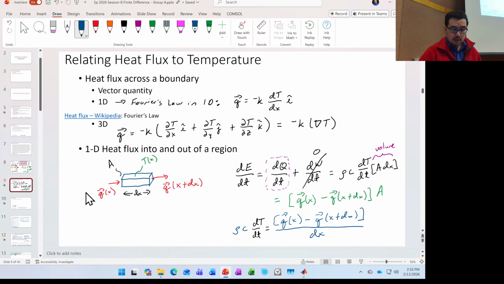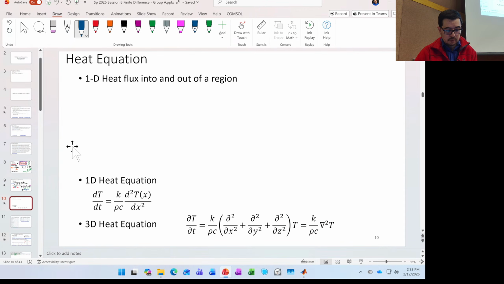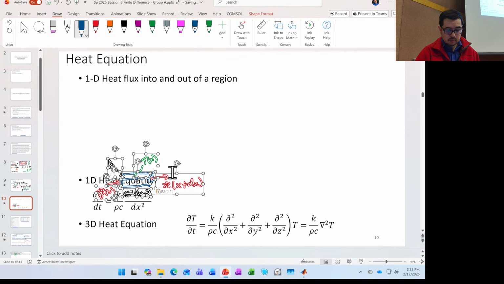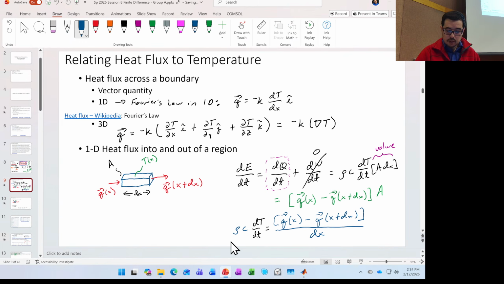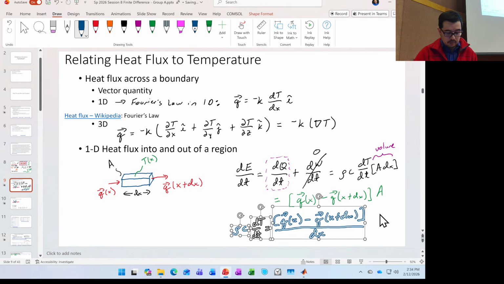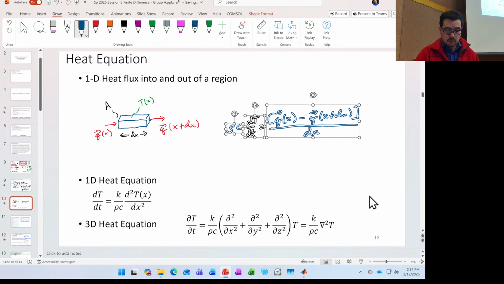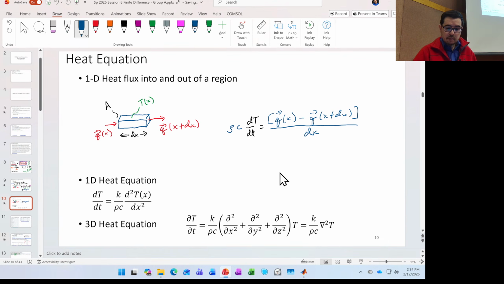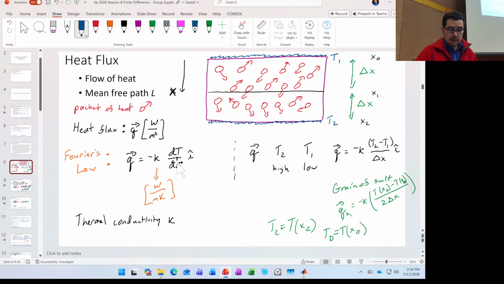So if we look at this diagram, and we look at this equation, we can see that in 1D, when we substitute in, going back here, we've got this Q is equal to minus K dt dx.